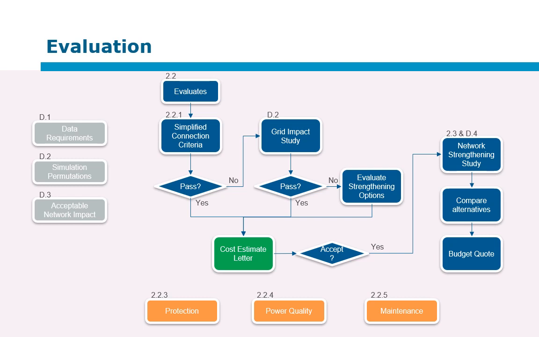The reason for keeping this separate from the budget quote is that you can usually follow a more simplified process and just say, well, this is what it's probably going to cost. Only if the customer is serious and he's prepared to actually pay the cost that's implied should you go forward and do a network strengthening study.